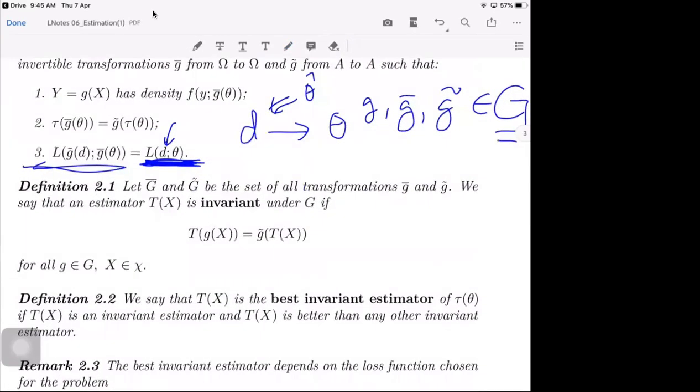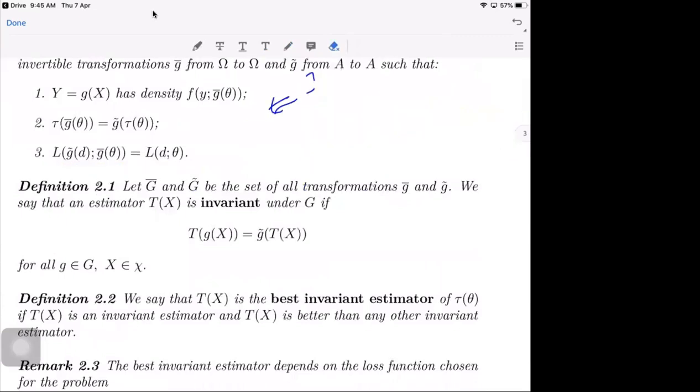So to test whether an estimator T of X is invariant, you have your set of transformations or group of transformations. Let capital G bar and capital G tilde bar be the set of all transformations of G bar and G tilde. We say that this estimator T of X is invariant.